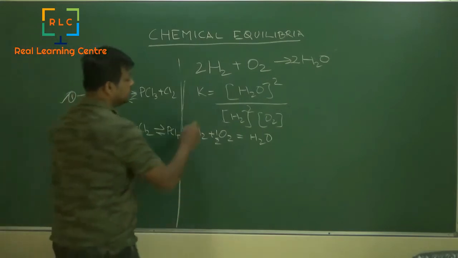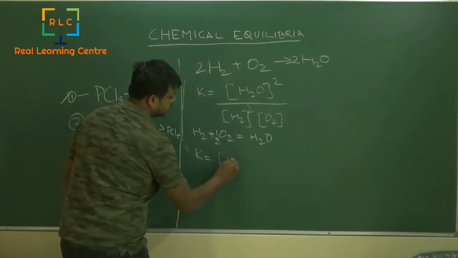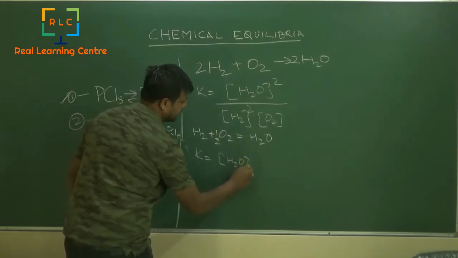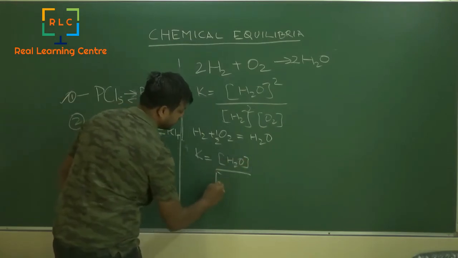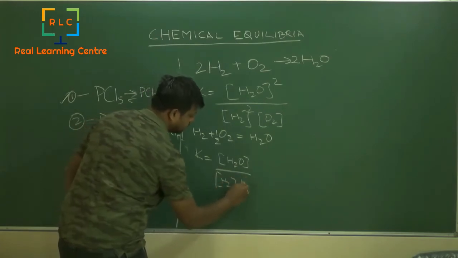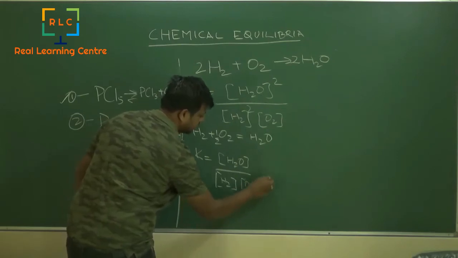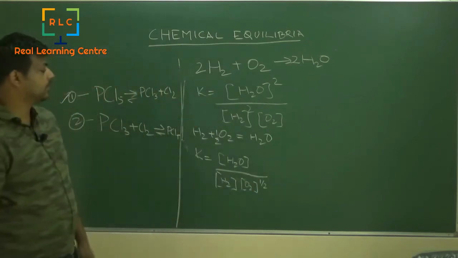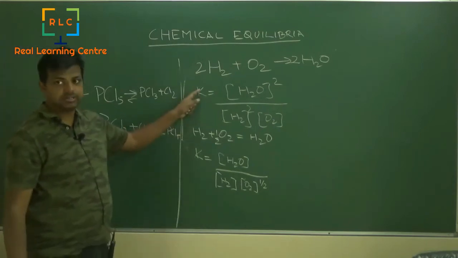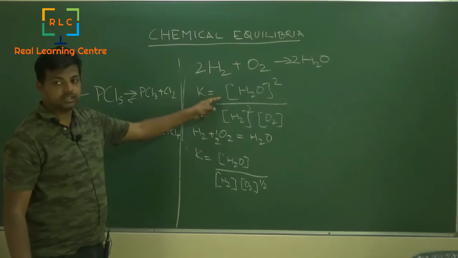So now the new equilibrium constant for this reaction would be the concentration of H2O divided by the concentration of H2 and the concentration of O2 raised to the power 1 by 2. Correct? Now if you compare these two reactions, the square of this is equal to this.